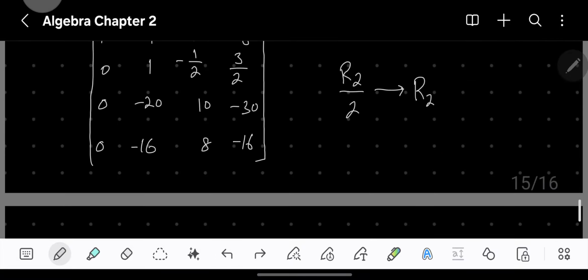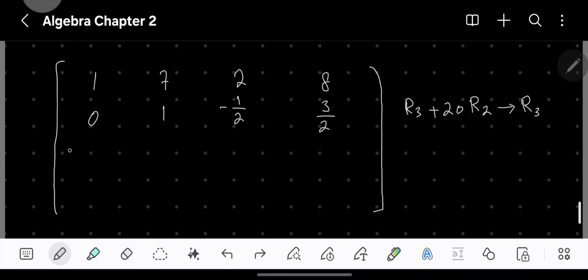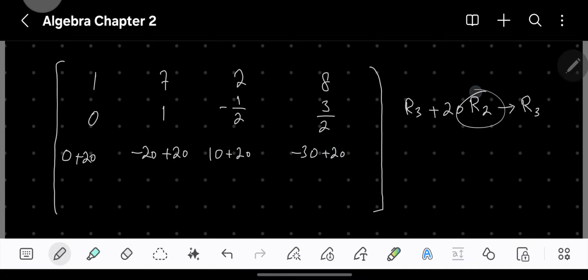First I will write R3. R3 is 0, minus 20, 10, minus 30. Plus 20 times R2.